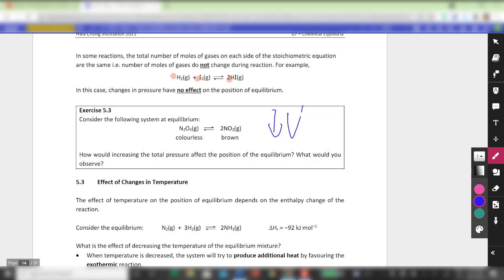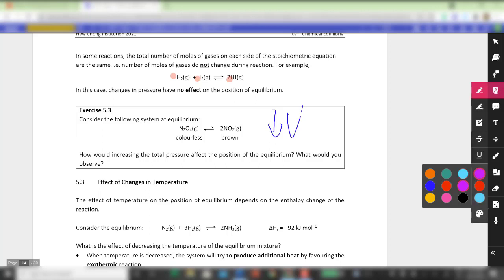Remember this. Many times students forget to describe what you observed. They just happily say the position of equilibrium shifts left or right, and explain that it shifts in a direction with a lesser number of moles of gaseous molecules, therefore it shifts left, but they forget that the question has a follow-up. What would you observe? One is colorless, one is brown. If you mix colorless and brown together, it's brown.